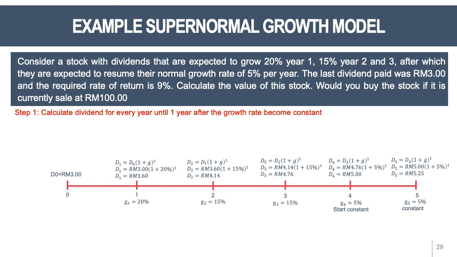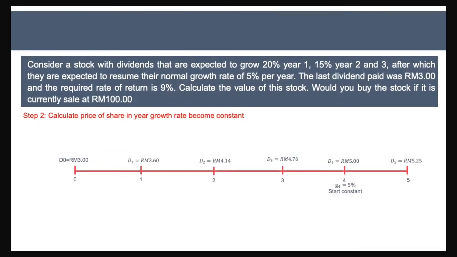Step number 2, you need to calculate the price of share in the year the growth rate becomes constant. If you look at this timeline, the growth rate becomes constant in year 4, so we need to calculate the price of share in year 4.